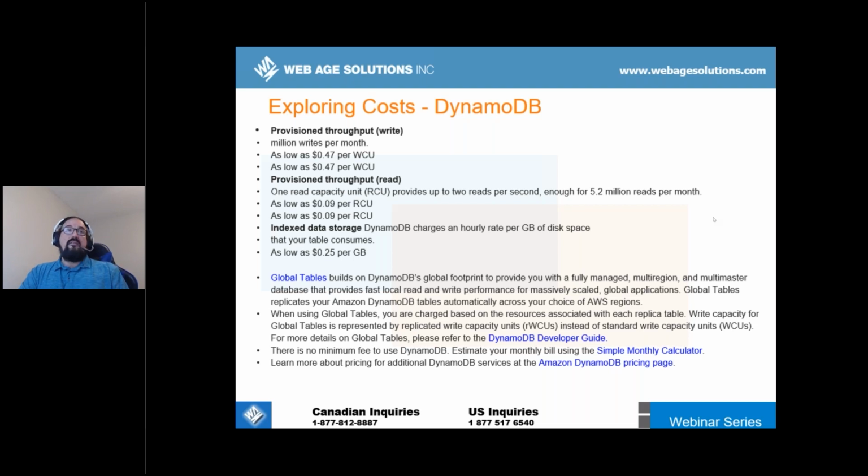Cool thing about DynamoDB is that you can actually set, in a sense, multi-master tables that live globally, but those read and write capacity units are handled through what they call replicated read and write capacity units. They're usually referred to as an RWCU versus a WCU. And you want to dig into that a little bit, because when you do multi-master, you've got to provision that correctly, and that's a whole different dimension of charge.